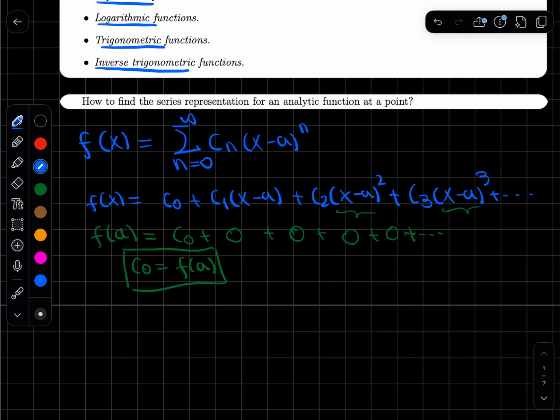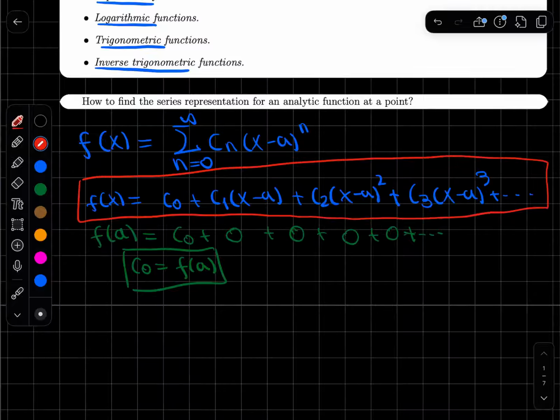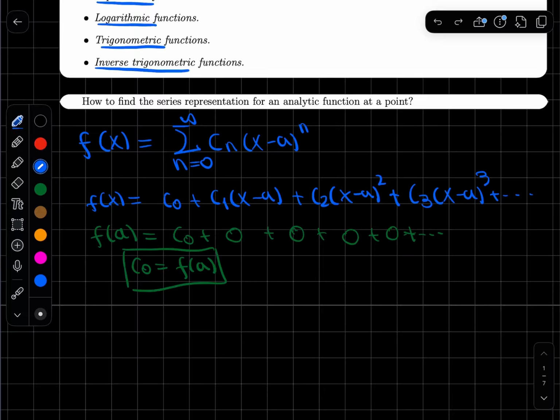Next, how do I find c1? I look from this expression on the top here. This one. I'm going to be using this. I'll take its derivative. So f prime of x. So the c0 is going to go away because it's a constant. And now the derivative of this is going to be c1. This is x to the power of 1.